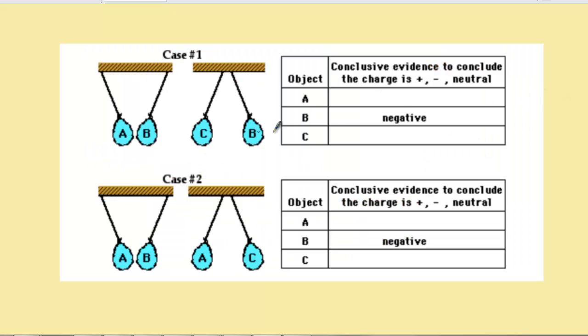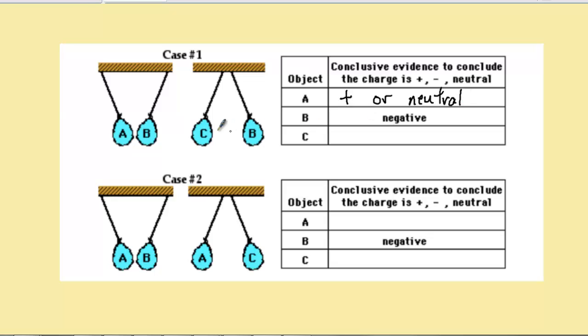And let's see how that would work out in this case here. All right, so in case number 1, if we have two balloons, if we look at this case and A and B are attracted, then what do we know about that? Well, it says that B is negative. So what does that tell us about A? If B is negative, then A could be positive or it could be neutral.